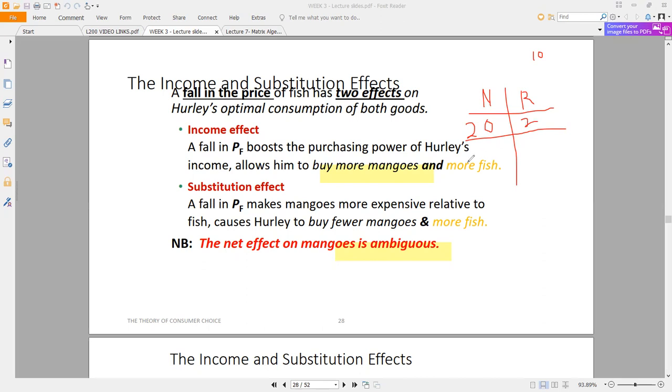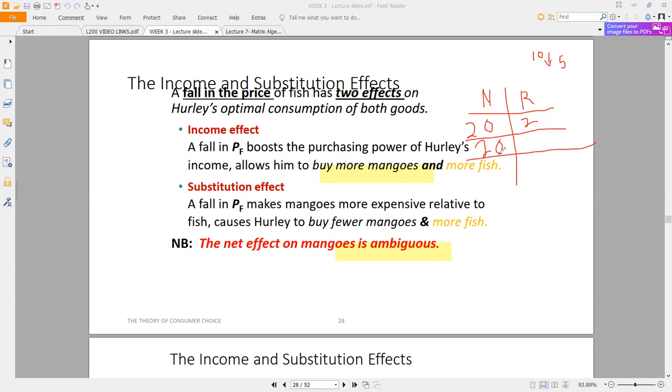So what happens if there's a fall in price? Assuming price has fallen to, let's say, 5 Ghana cedis. Now, your nominal income is still the same, 20 cedis. But your real income is nominal income divided by price.